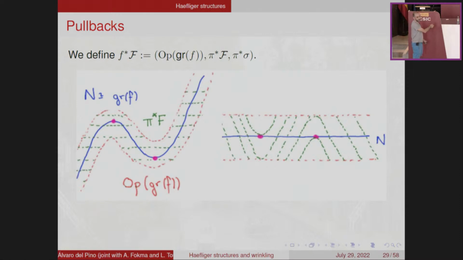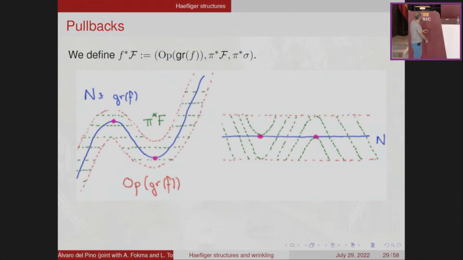So here is the pullback, right? I took n, I have this thickening of n, and in this thickening of n there's an actual foliation with an actual transverse structure that I just pull back by the submersion pi. And this is literally the same picture, except that I took the graph and flattened it out to look more like n.